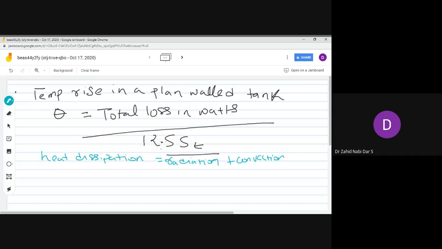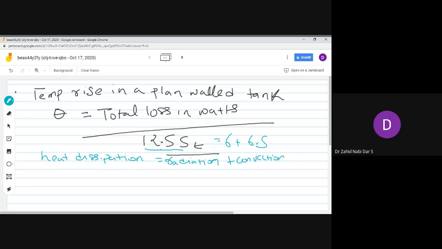The heat dissipated due to convection is around 6, whereas the heat dissipated due to radiation is 6.5. So the total heat dissipation in the tank would be 6 plus 6.5. Hence this 12.5 has come.